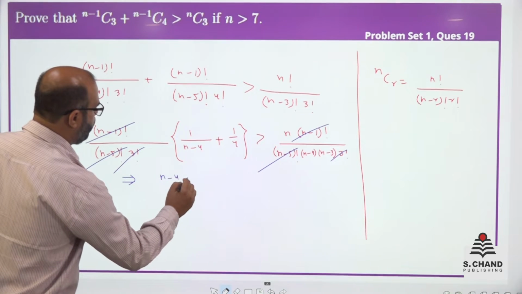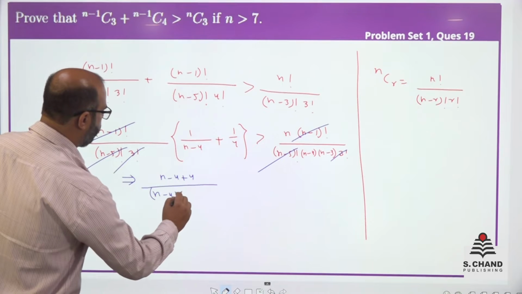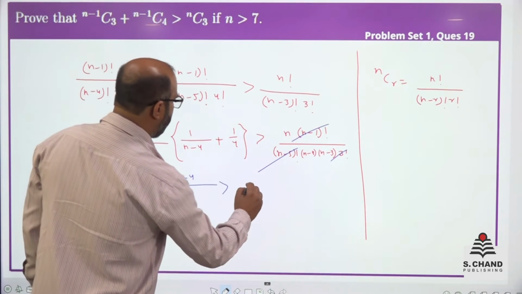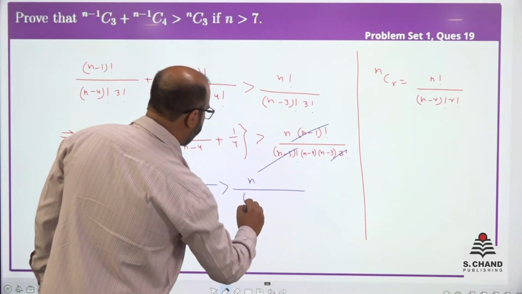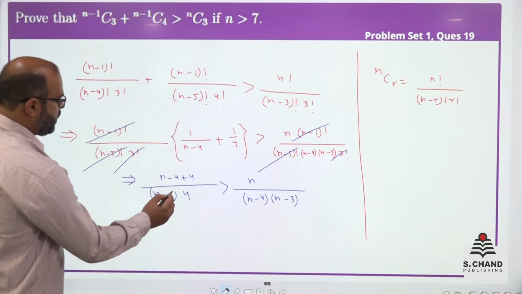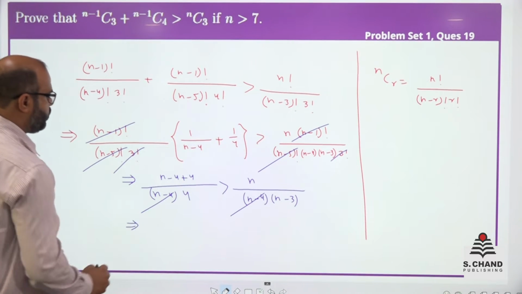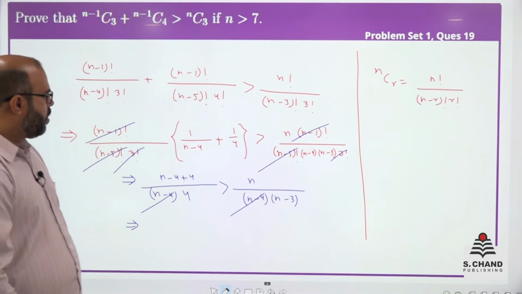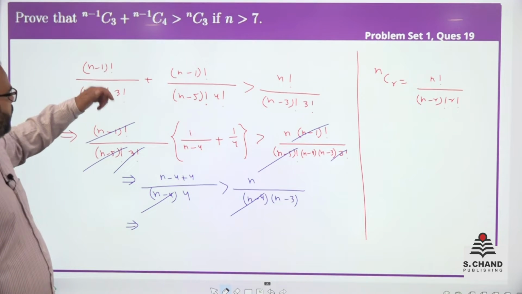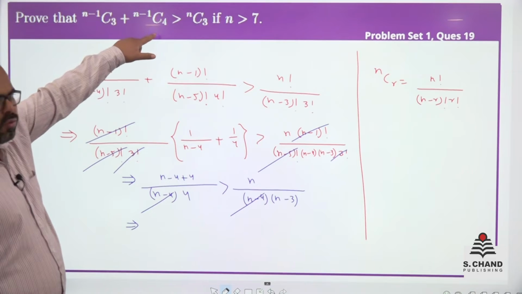So n minus 4 plus 4 in the numerator upon n minus 4 into 4 is greater than n upon n minus 4 into n minus 3. Now let us cancel n minus 4 from both the sides. We are cancelling n minus 4 because n minus 1 is greater than 4, right?